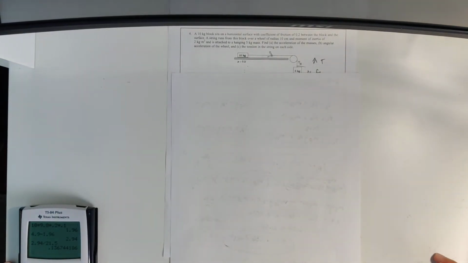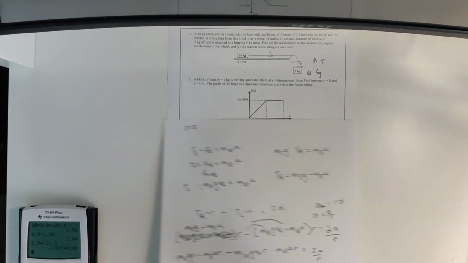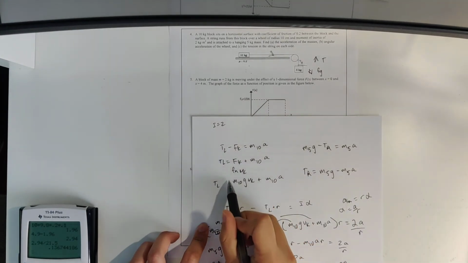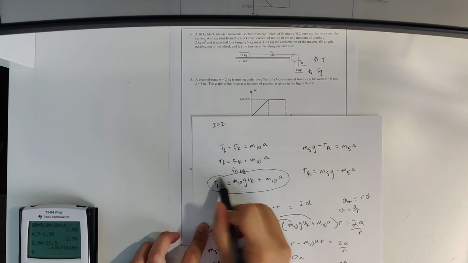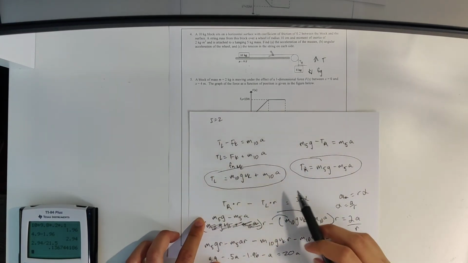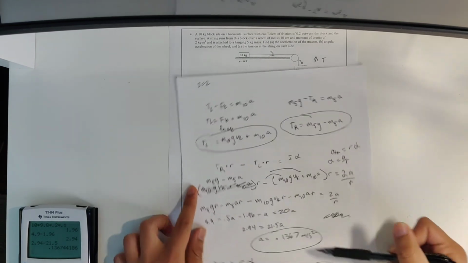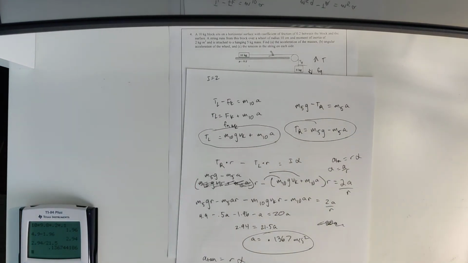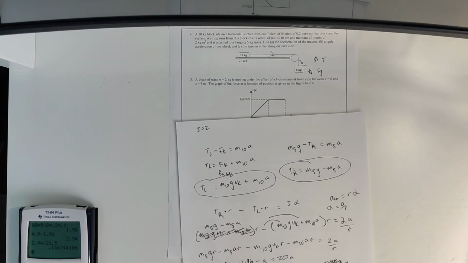Yes. So find the tension of the string. All we have to do is just plug in. So we solved our tension right here. This is what our tension is. All we have to end up doing is plug in our A, which we found down here. You should get your tension. Let me just copy that over real quick.